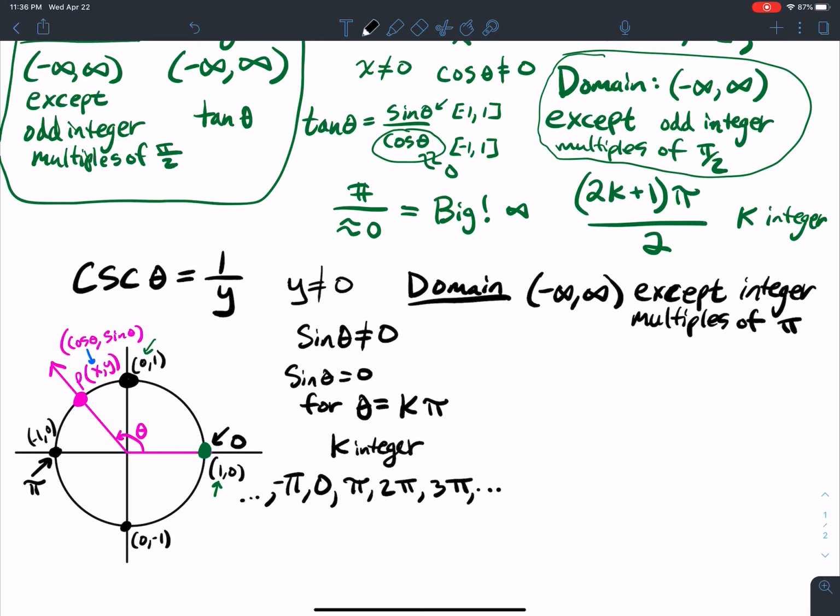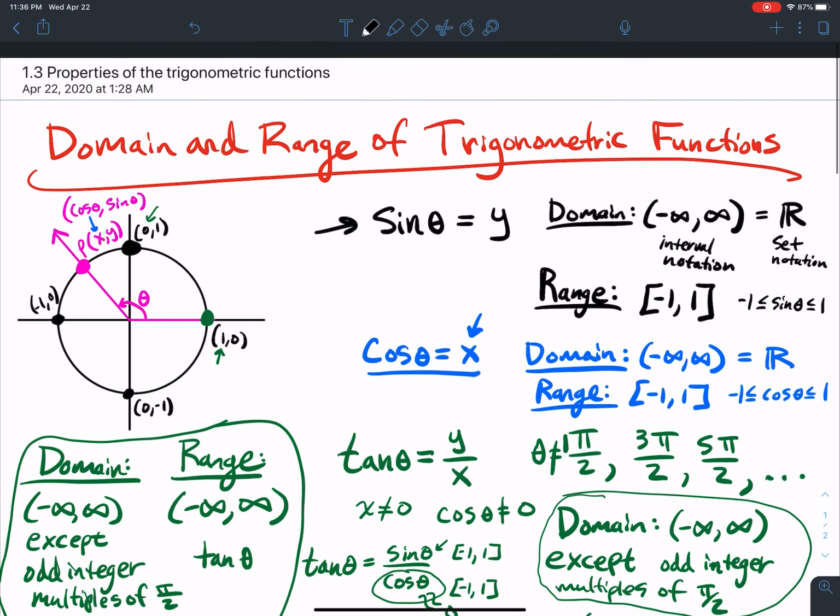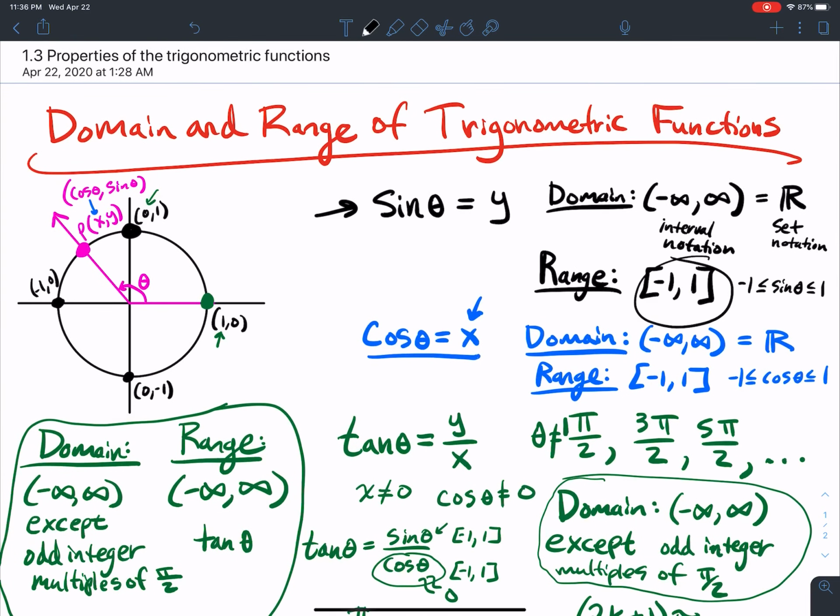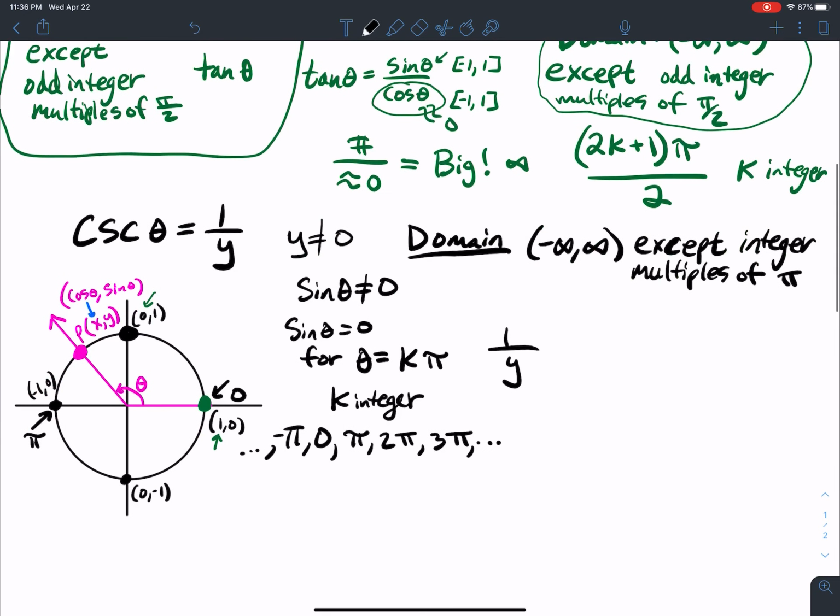Now, the range here for the cosecant, okay, so we got to think about this for a second. If you think about cosecant is 1 over y. Now y, the sine, what did we say? Sine was stuck between negative 1 and 1, right? So this is stuck a number that's between negative 1 and 1. Okay?